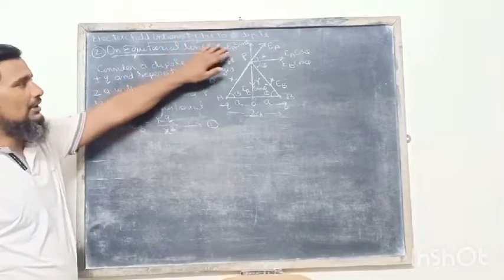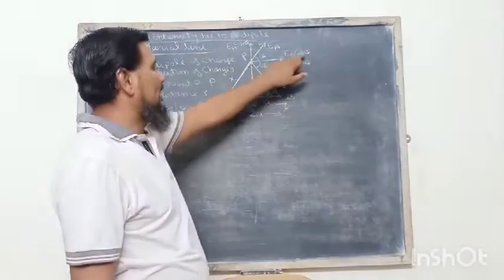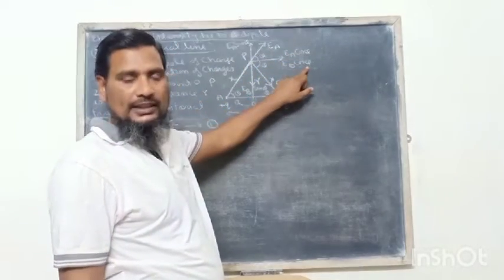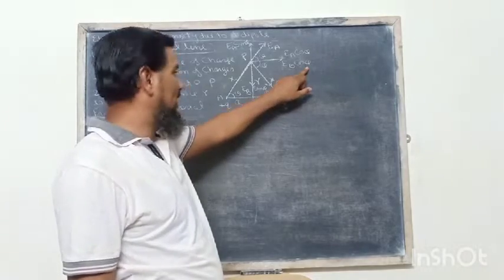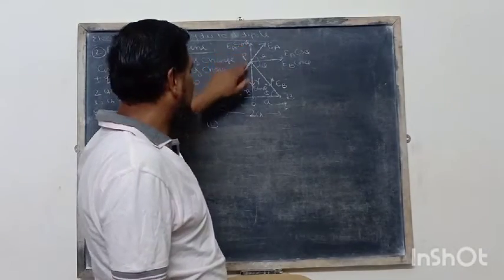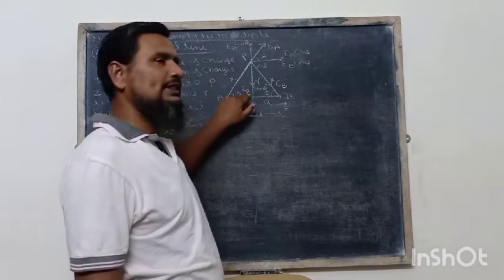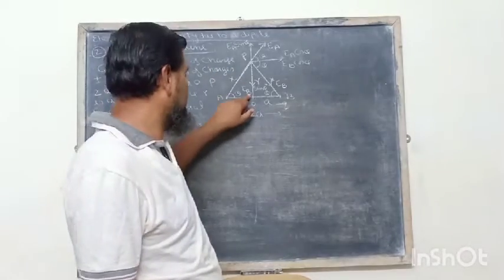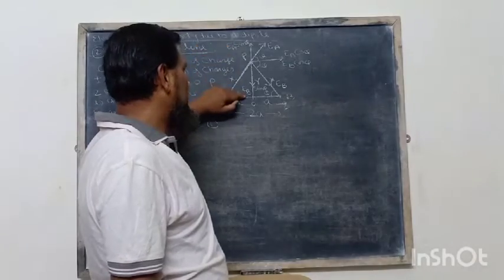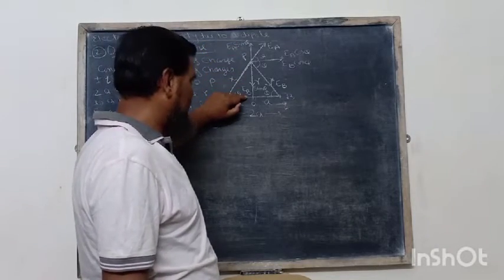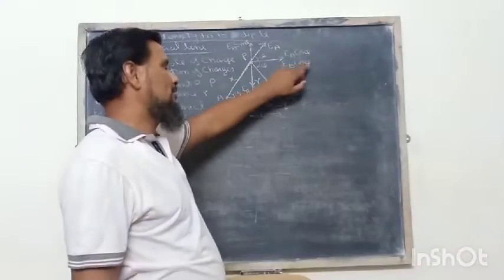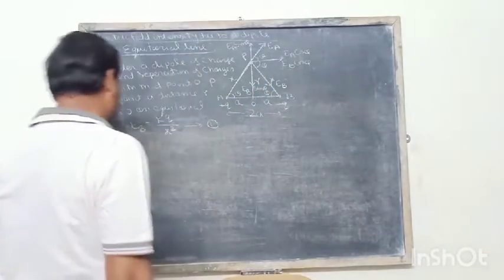Now when we resolve the components, EA cos theta and EB cos theta are along the same direction, so they add up, and EA sin theta and EB sin theta are equal in magnitude, opposite in direction, so they cancel out. So the sine components, meaning vertical components, are cancelled out and cos components, meaning horizontal components, add up.